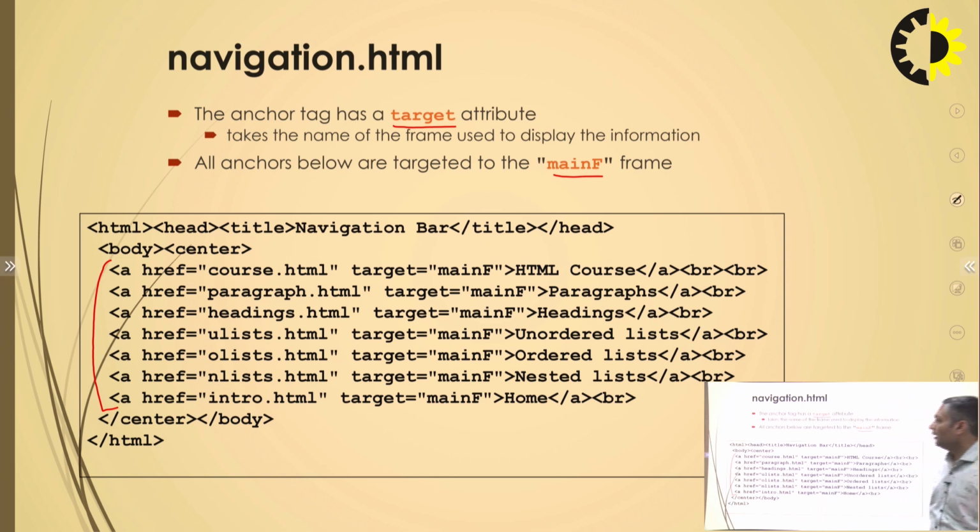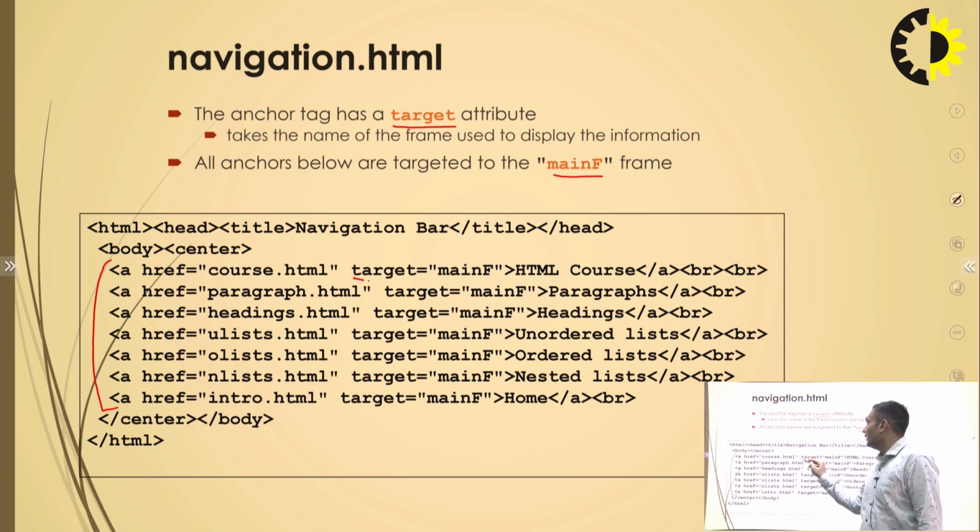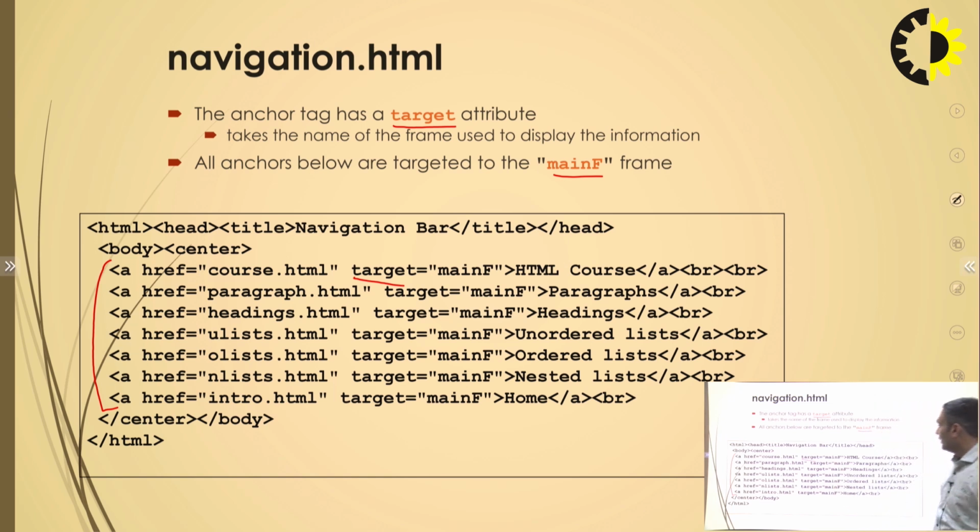These are all anchor tags, and they have the attribute target, and here is the name that is common to all the frames. In this way also we can display our various frames.